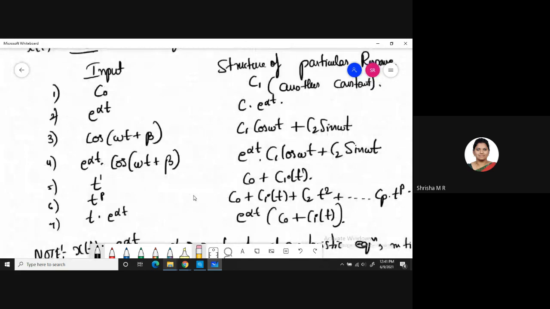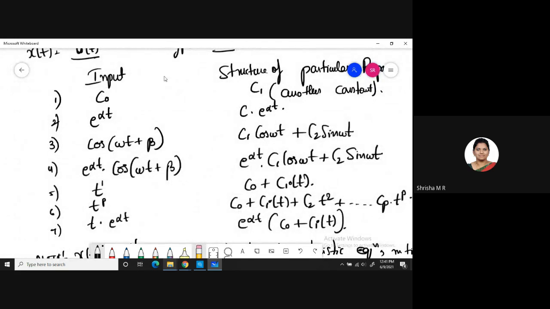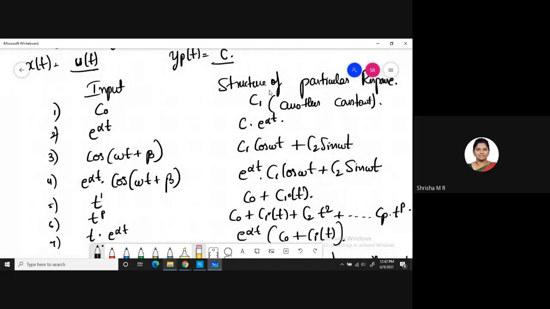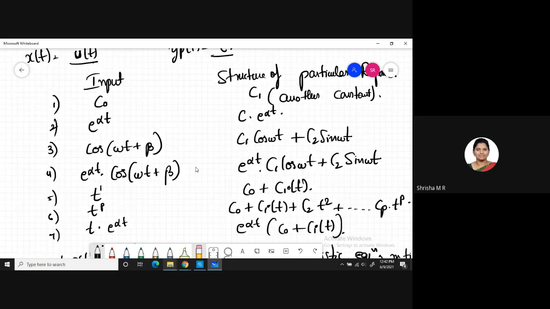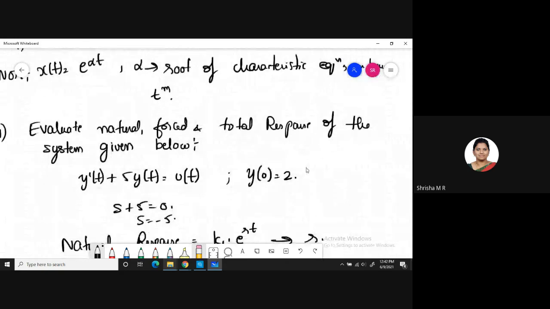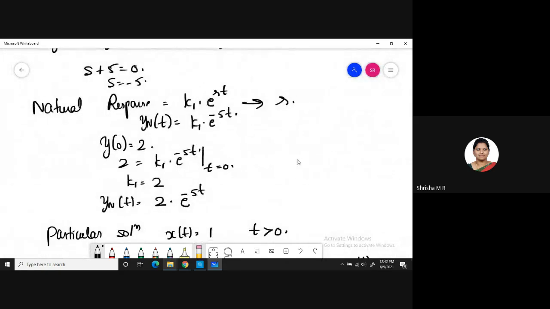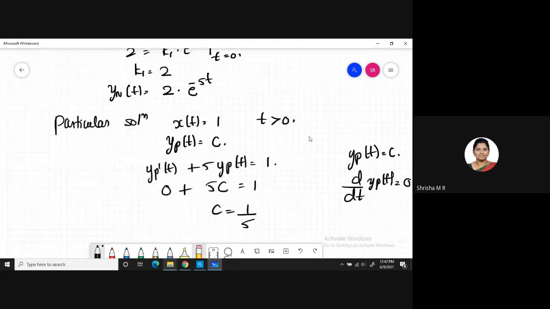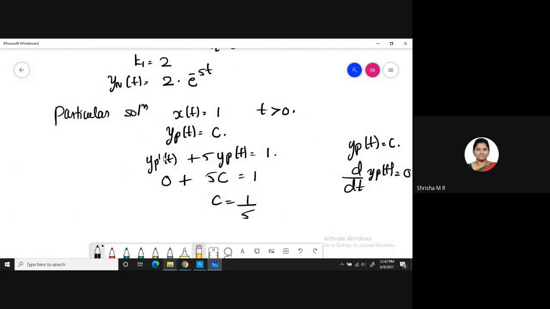So if our input is some constant, the output structure of the particular response will be another constant. Our input is the unit step, which is 1 for t greater than 0, so the particular solution will be some constant c. We don't know what c is, so we substitute it as c and evaluate it using the differential equation: yp dash of t plus 5 yp of t is equal to 1.